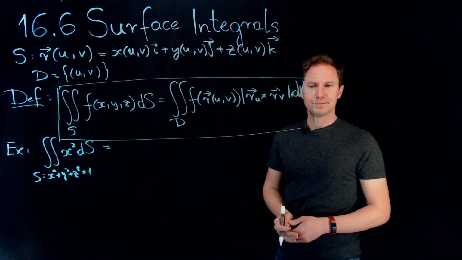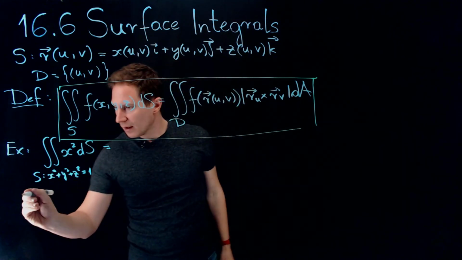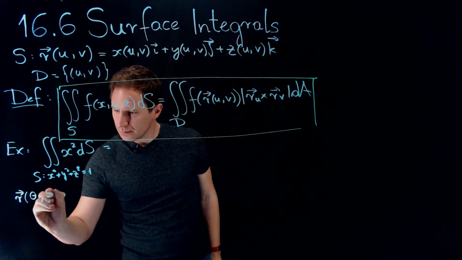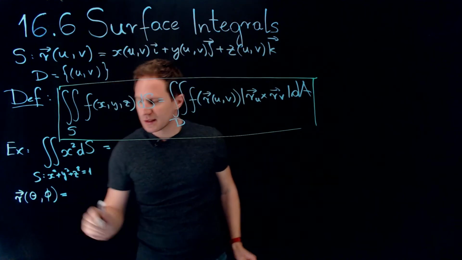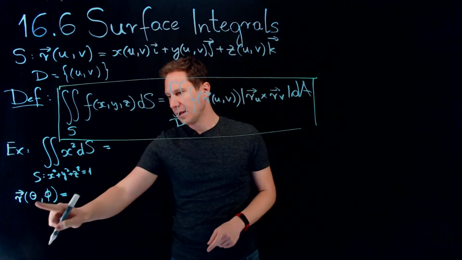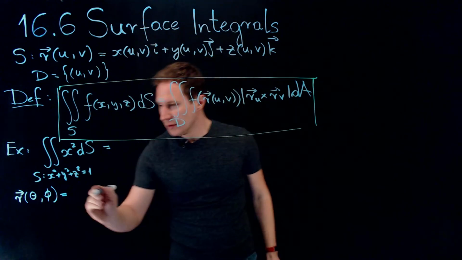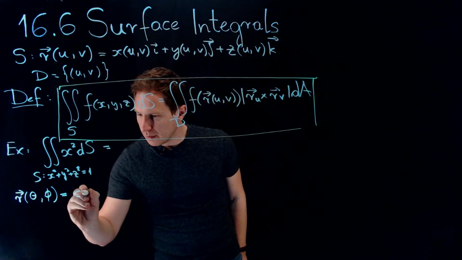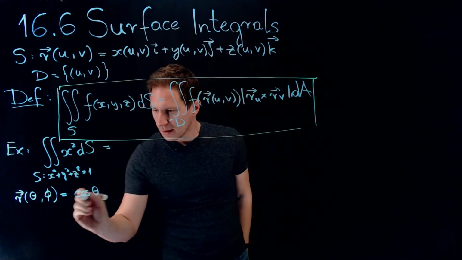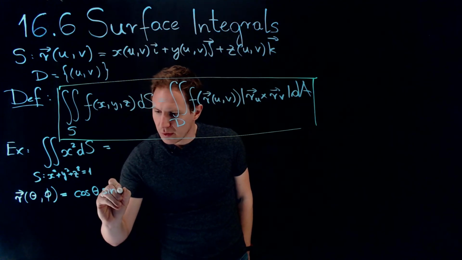All right. I hope you paused the video and realized that we can indeed parameterize this unit sphere using the angles from the spherical coordinates, theta and phi. The points on a unit sphere have coordinates: the x coordinate is the cosine of theta times the sine of phi.